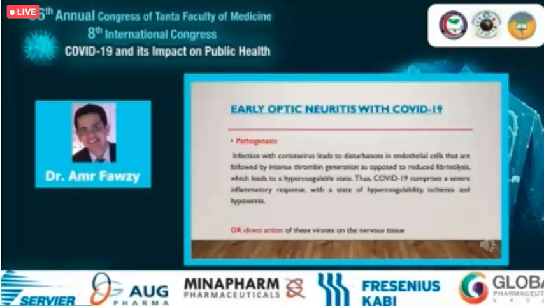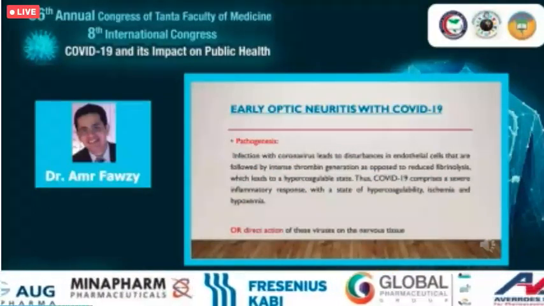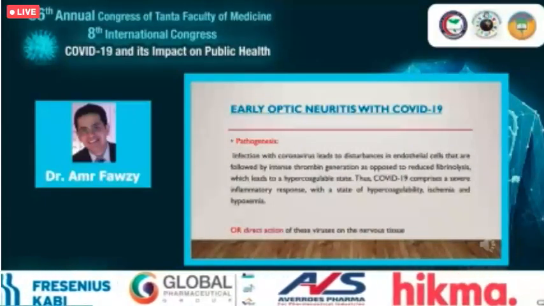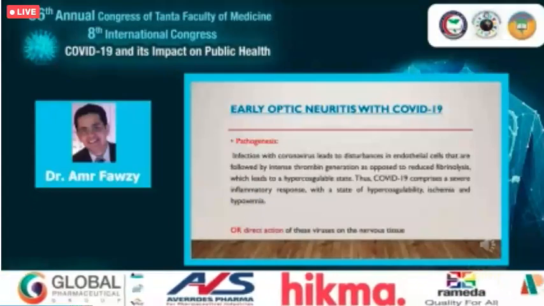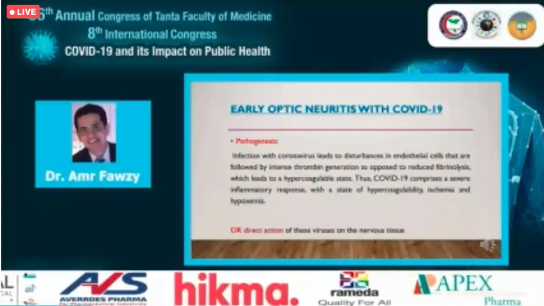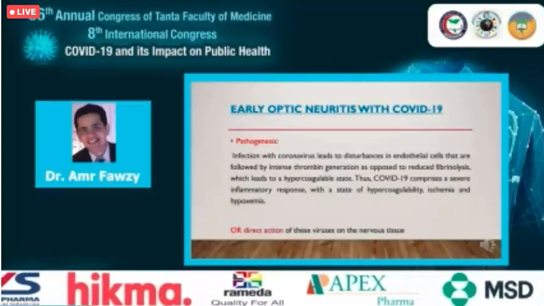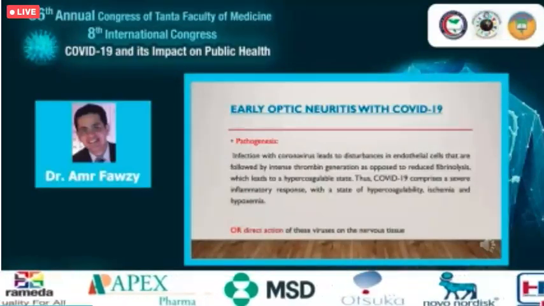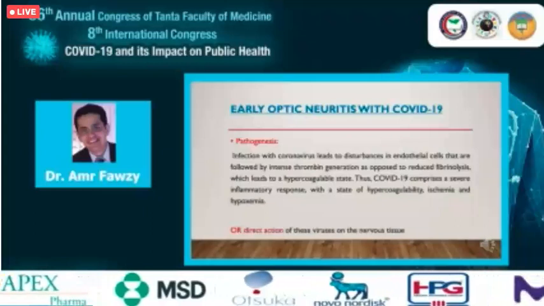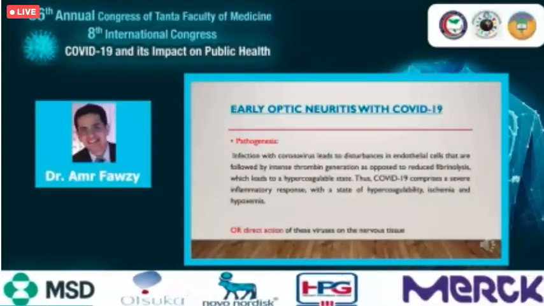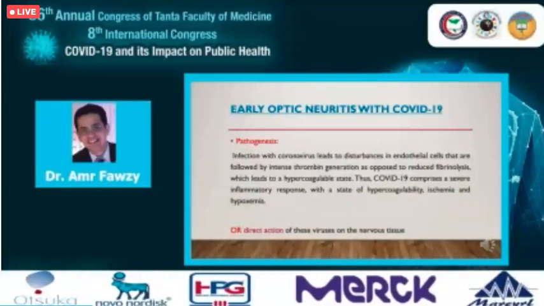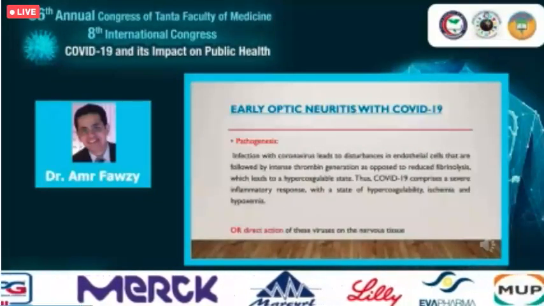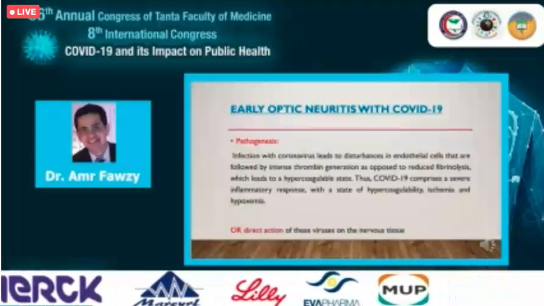The early optic neuritis with COVID-19, its pathogenesis: the infection with coronavirus leads to disturbances in endothelial cells that are followed by intense thrombin generation as opposed to reduced fibrinolysis, which leads to a hypercoagulable state.